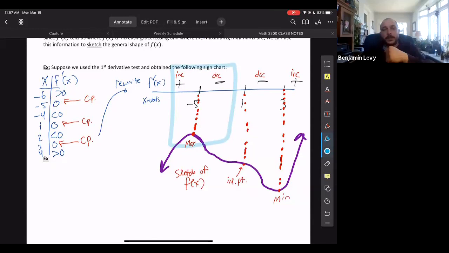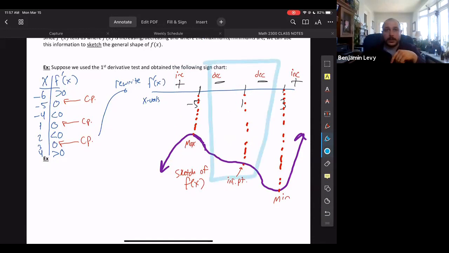Increasing, flat, decreasing, that means we've got a max. And all we're doing now is saying, okay, let's draw it. Decreasing, flat, decreasing, that would be this piece. It was going down, flattened out, and then started going down again. And notice how it was concave up before and concave down after, so it's a point of inflection. Does that seem okay?